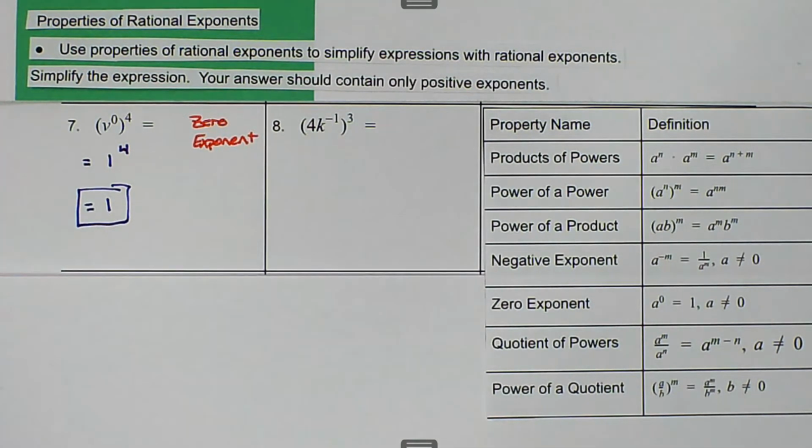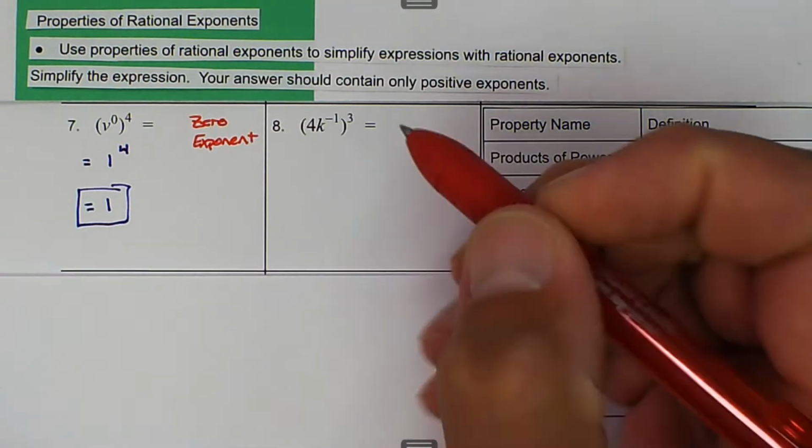The next one we have here is 4 times k to the -1, and then that is all raised to the 3rd power. And that is power of a product to start with.